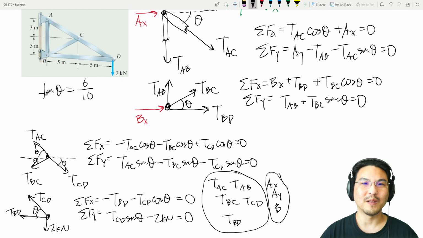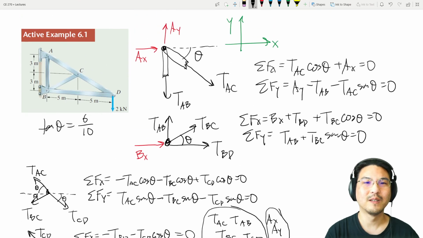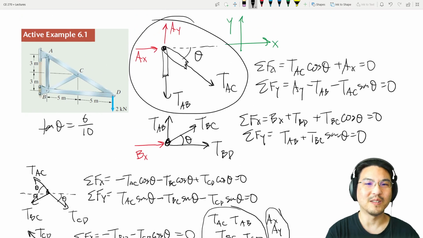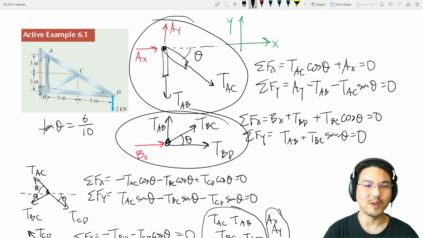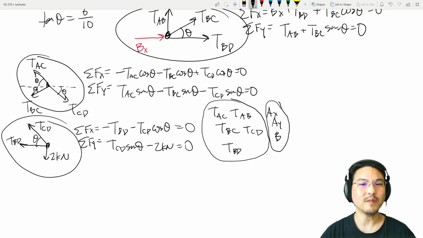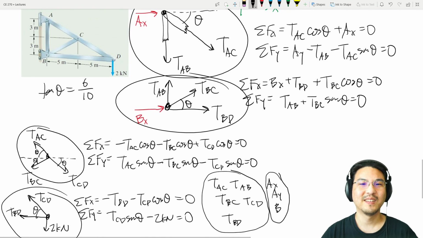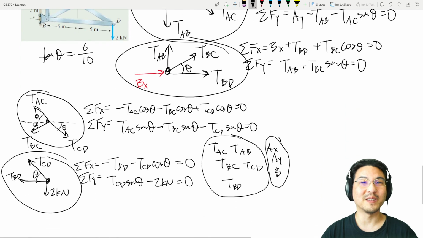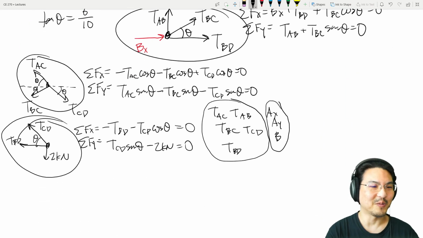Look at the free body diagrams. This has 4 unknowns. This has 4 unknowns. This has 3. This has 2. Where should you start? Start with the fewest unknowns. This one.